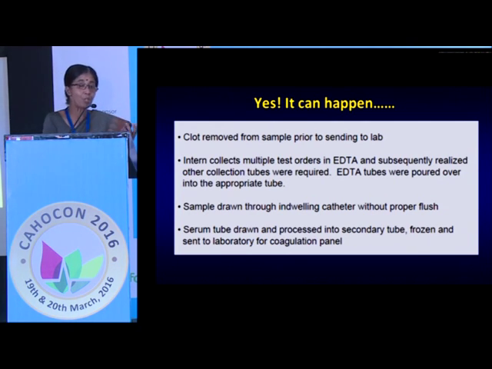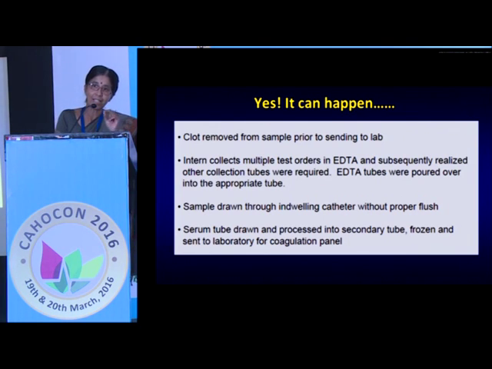Now, I just want to highlight, yes, these are also other things that can happen. A clot being removed from the sample before it reaches the laboratory, which is something interns do. They collect the sample in one particular anticoagulant, realize that they need another anticoagulant, and conveniently transfer the sample from EDTA to a citrate tube and send it. These are things which we've all encountered.